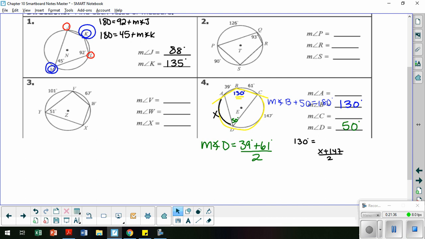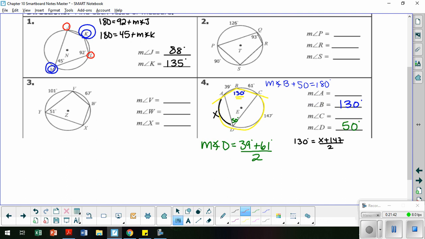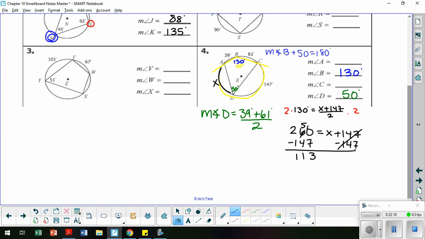So for this one, we're going to multiply by 2 to both sides. So we get 260 equals X plus 147. Subtract the 147, and we get 113. So that's right here.